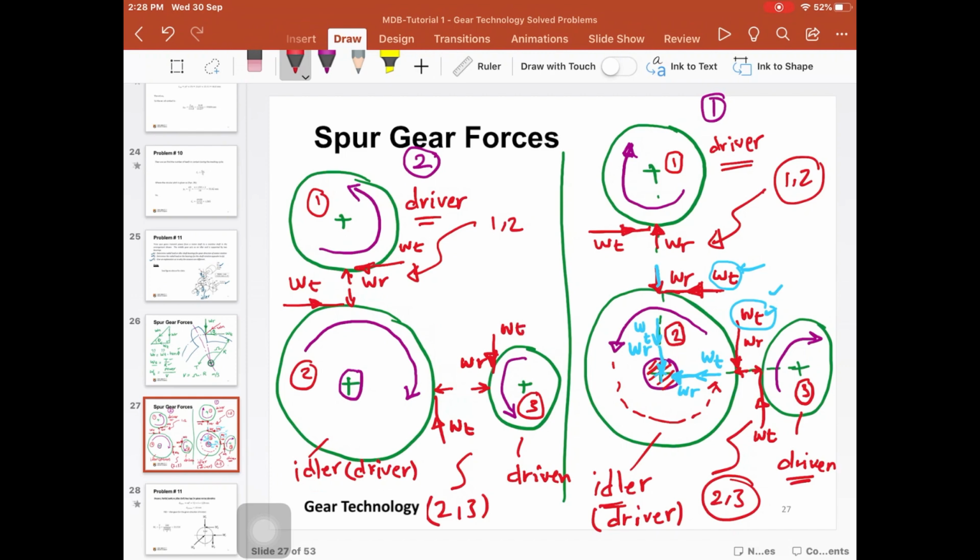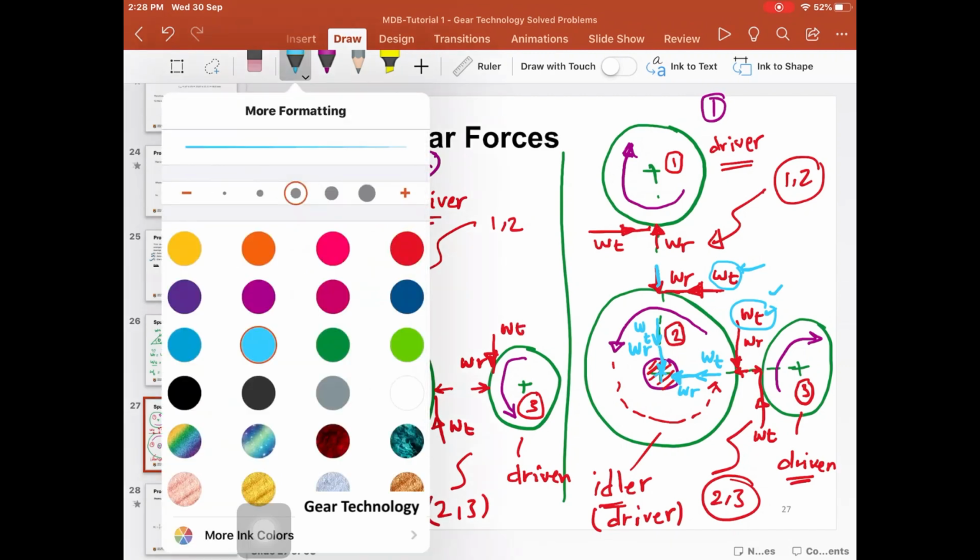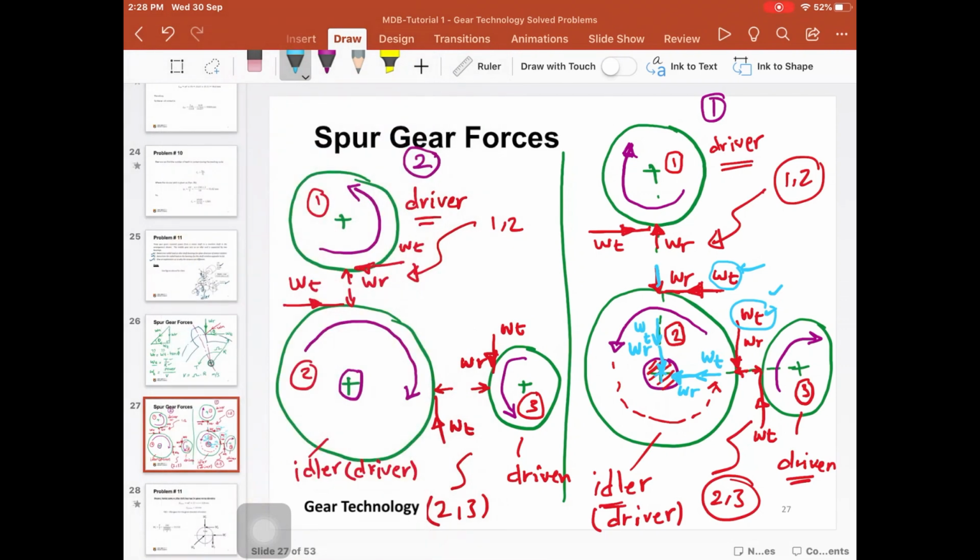Now back to this interesting color. What we have here is WR coming out, so this is WR. And then we have WT coming from the left. Then we have WR coming from the top, and WT coming from the bottom.